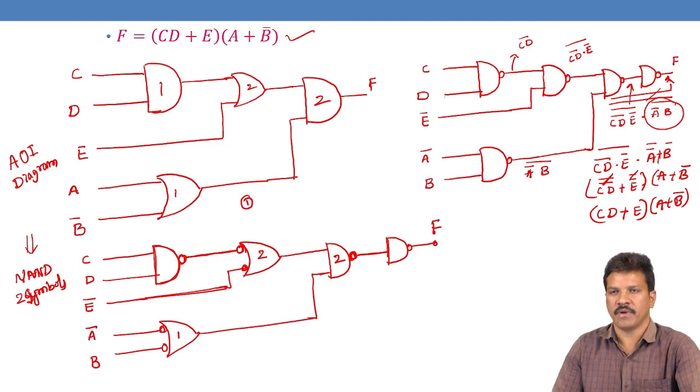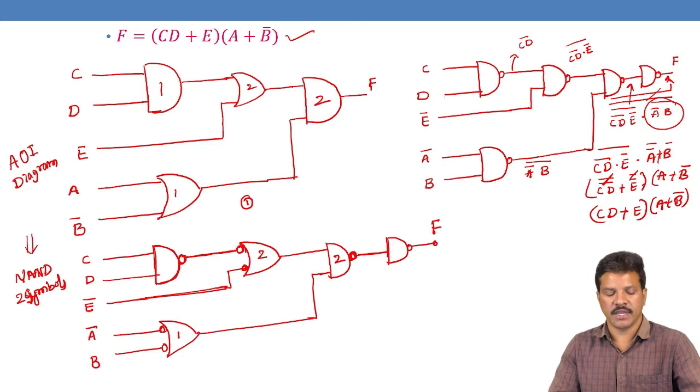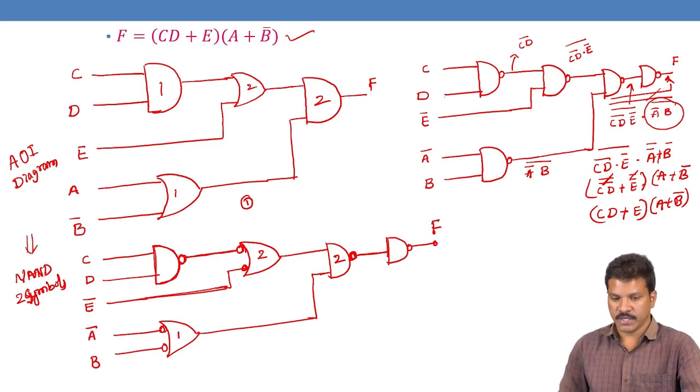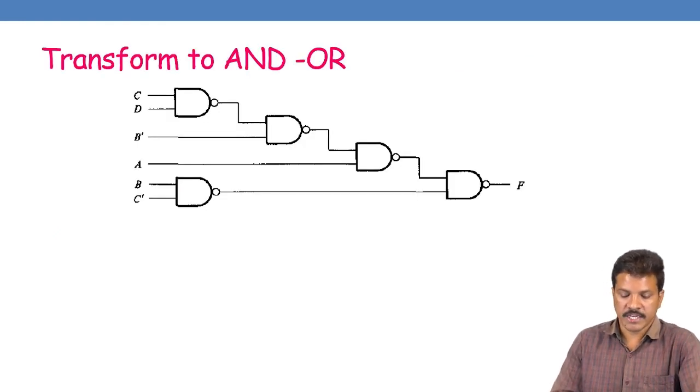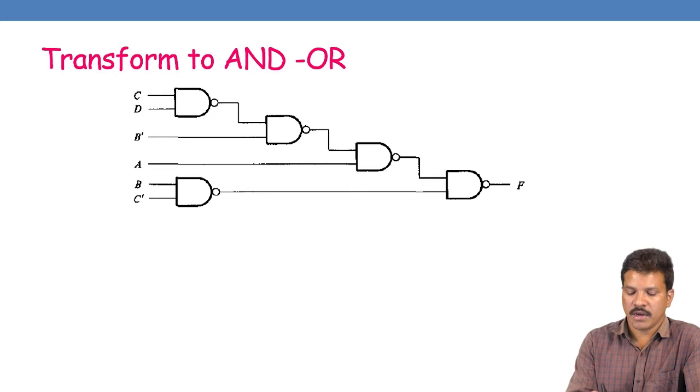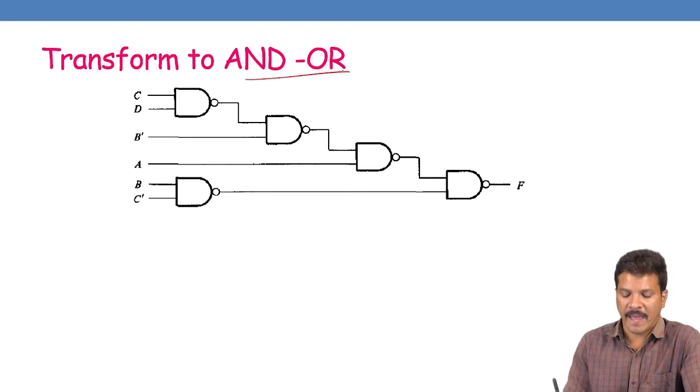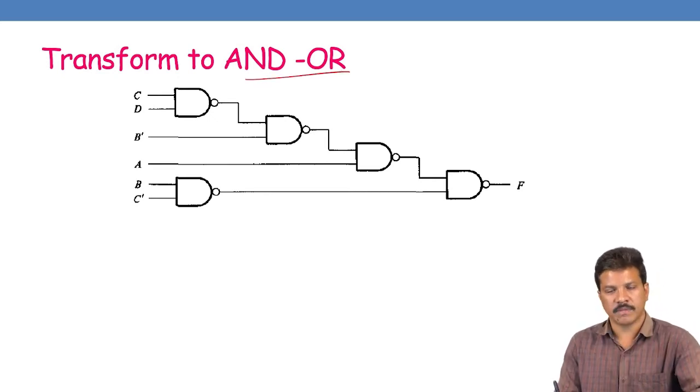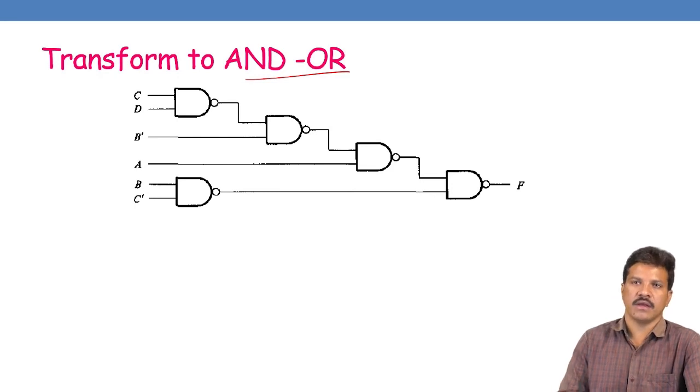But with the help of NAND implementation, it is very easy to manufacture, very easy to get the circuit using ICs. Then transform to AND-OR-inverter. If we have a NAND gate implementation circuit, sometimes we require that NAND implementation in AND-OR-inverter.